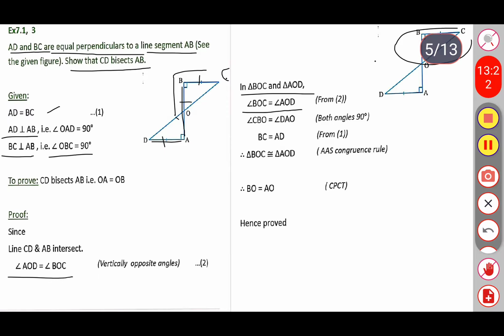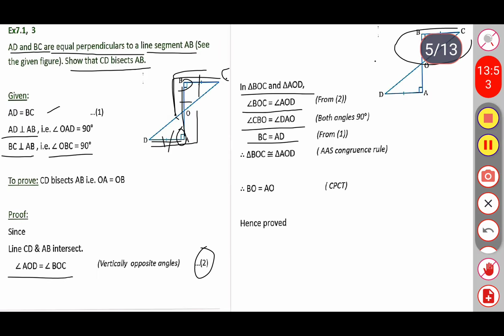We already proved that. Next one, angle CBO is equal to angle DAO. The reason: these two angles are 90 degrees. And next one, side BC is equal to AD.